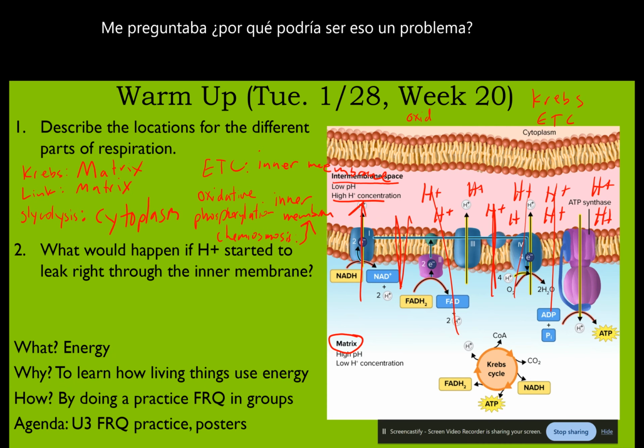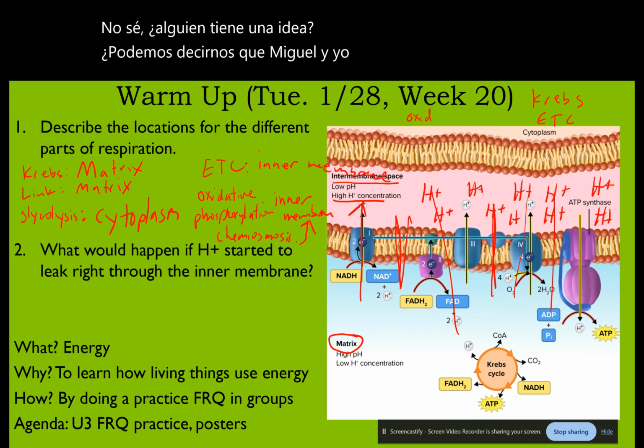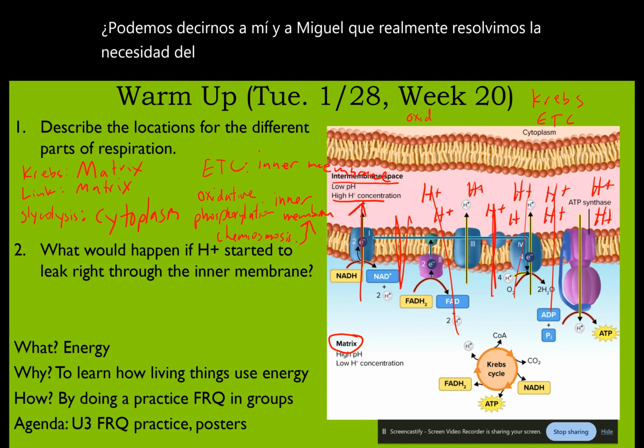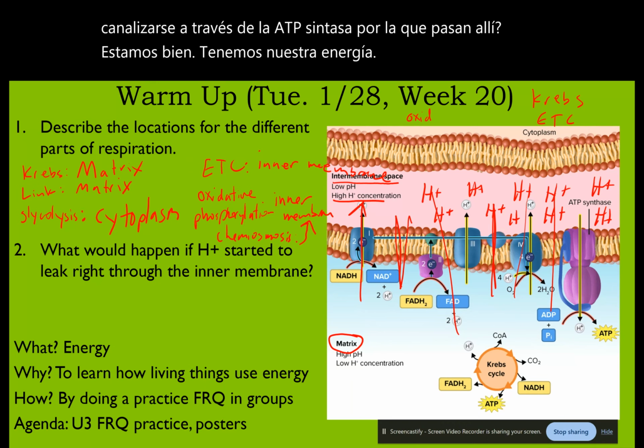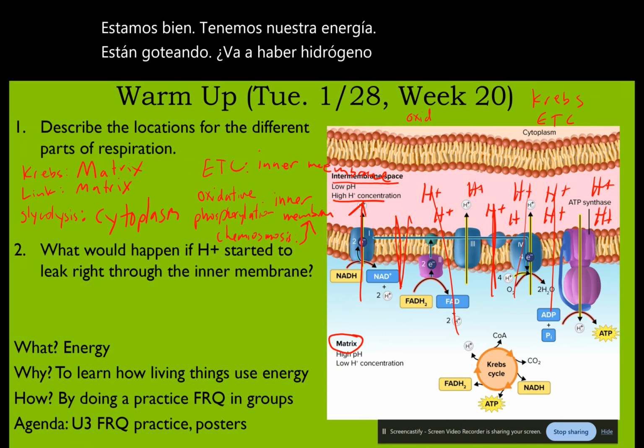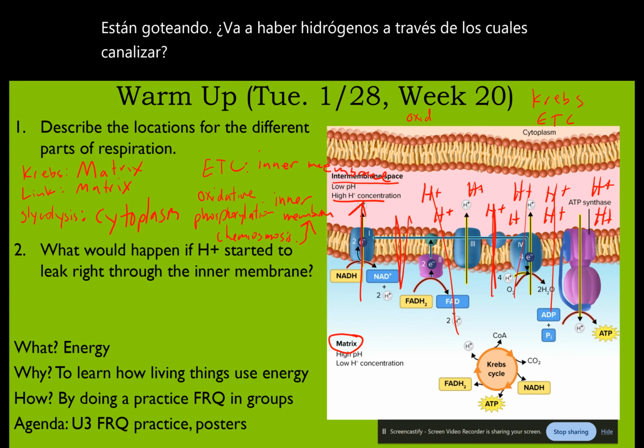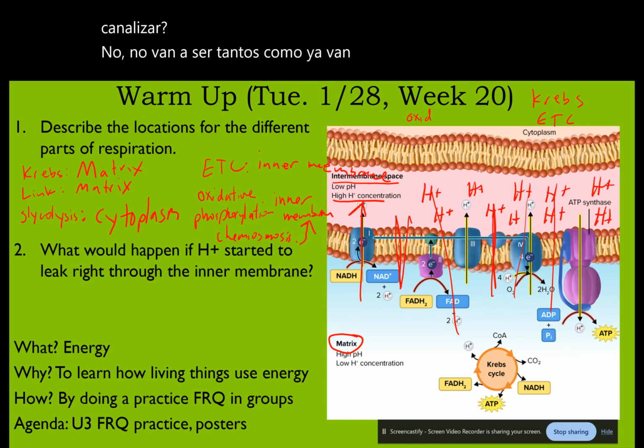No? Anybody have an idea? Well, me and Miguel worked out the hydrogens need to be funneled through the ATP synthase. They go through there, we're good. We got our energy. If they're leaking, are there going to be hydrogens to funnel through? No, there are not going to be as many. They're already going to go to the other side.